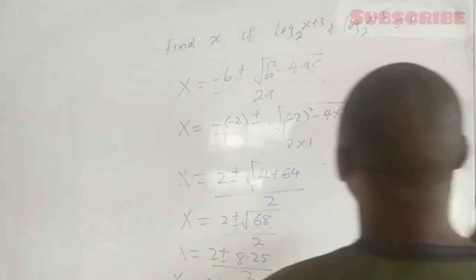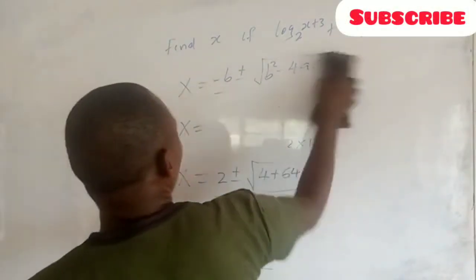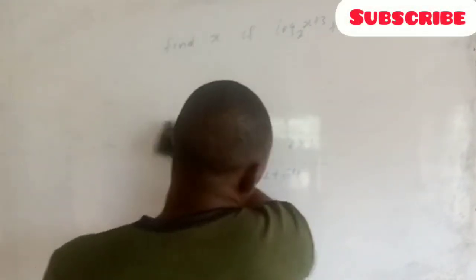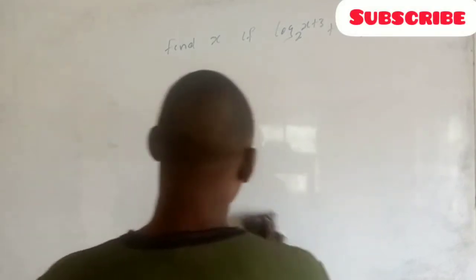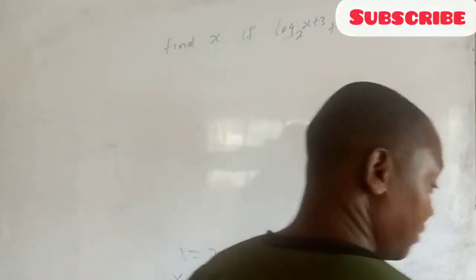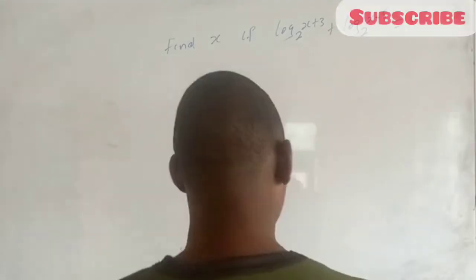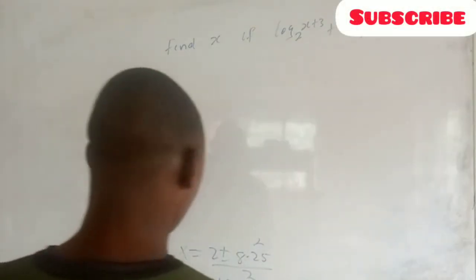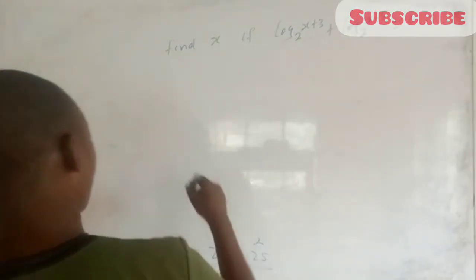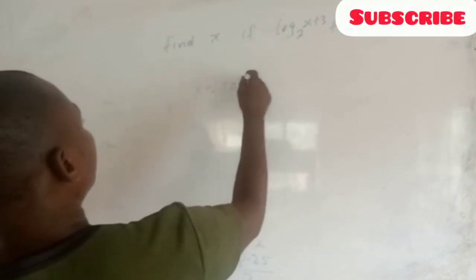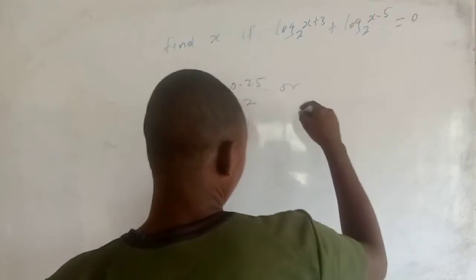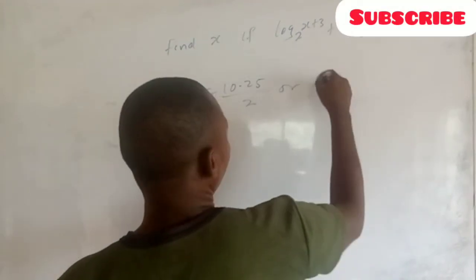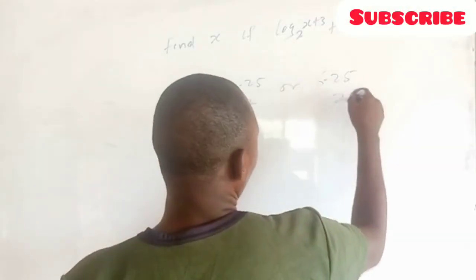When we simplify it further, you can see that this one took our time a bit. So we have x equals 10.25 over 2, or we are having minus 6.25 over 2.